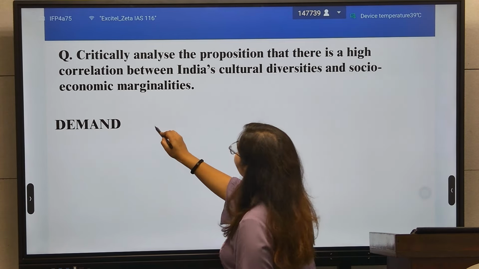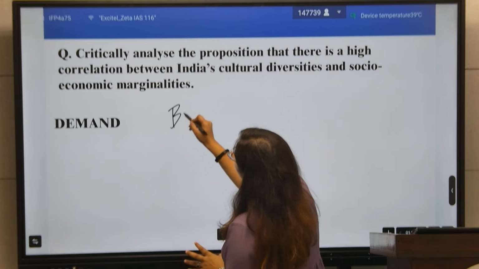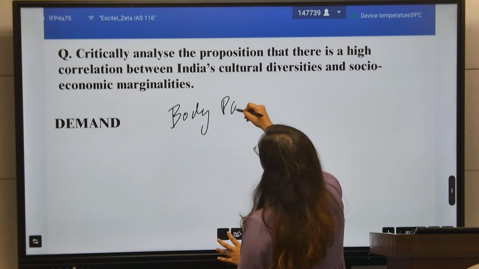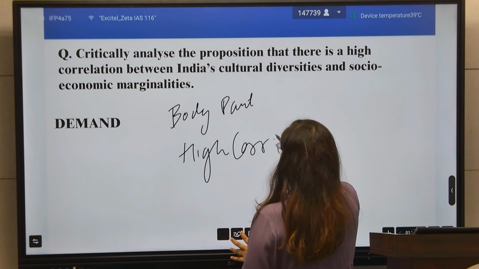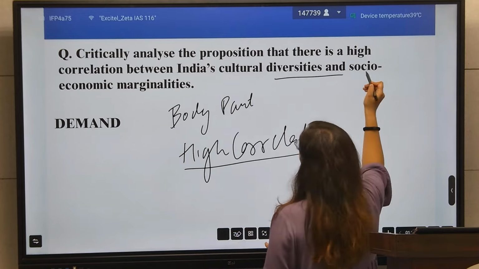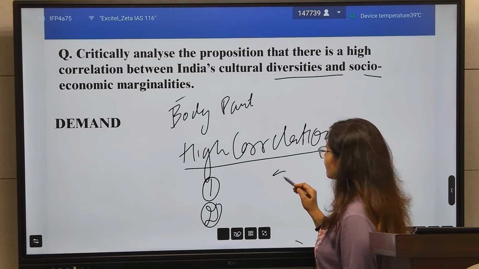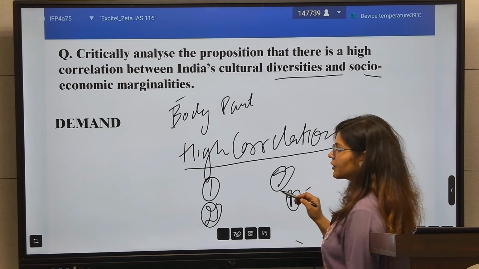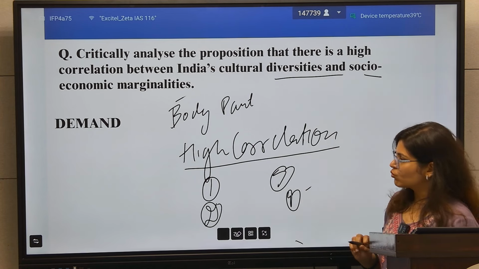Now comes the body part. Here first is high correlation, that yes, there is a correlation between the diversity and the socio-economic marginalities. There you have to give 3 or 4 points on what the correlation is between these two.